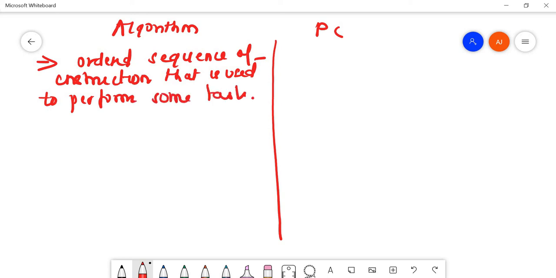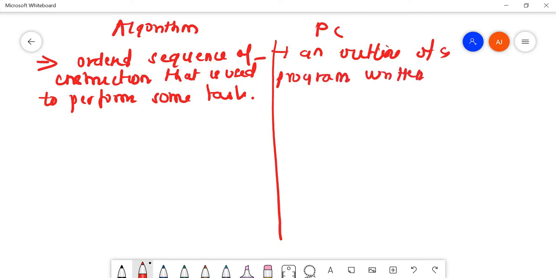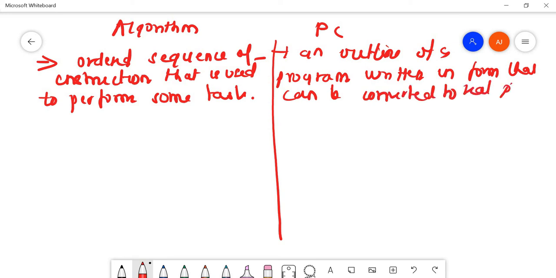But here we can say that pseudocode is an outline of a program written in a form that can be converted to real programming.